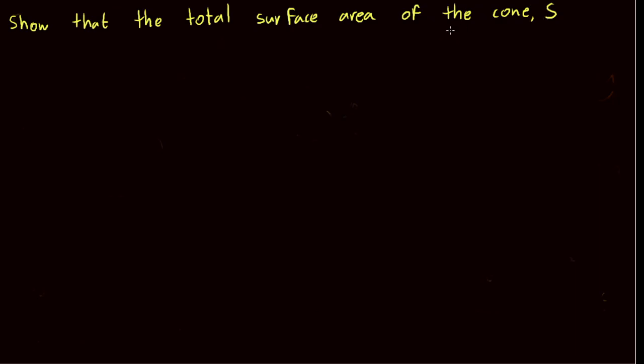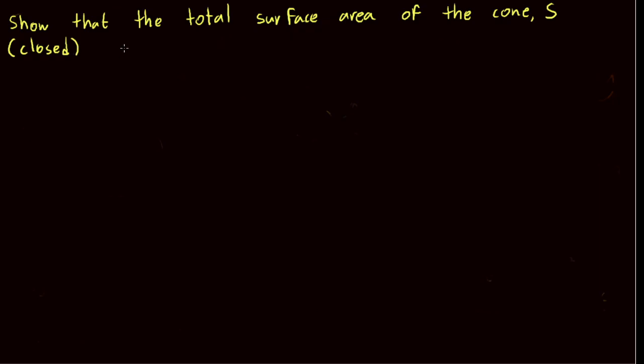Show that the total surface area of the cone, which is written in terms of s. By the way, it's a closed cone, so meaning to say that you have the cone surface as well as the base, closed properly.